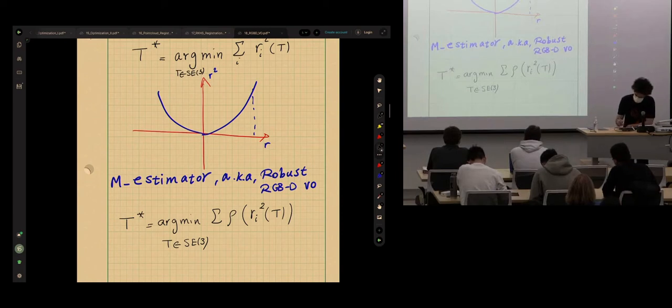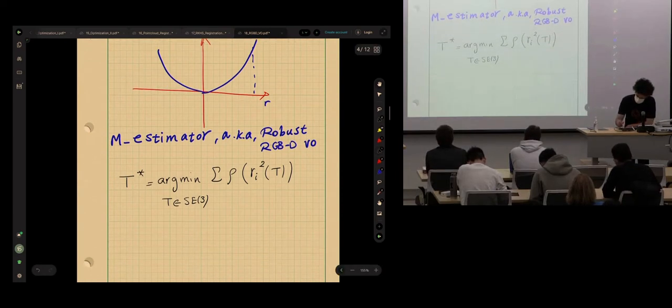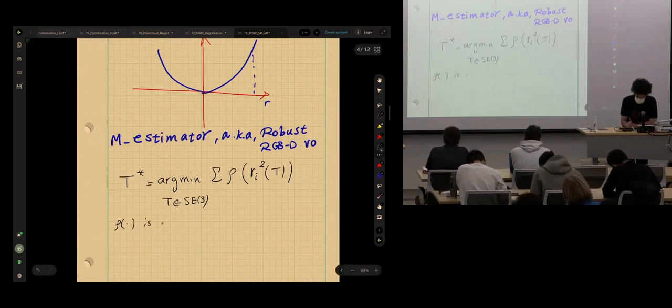So the robust kernel, this is the robust kernel or norm.